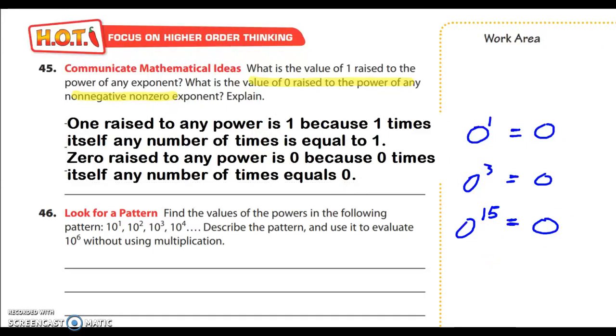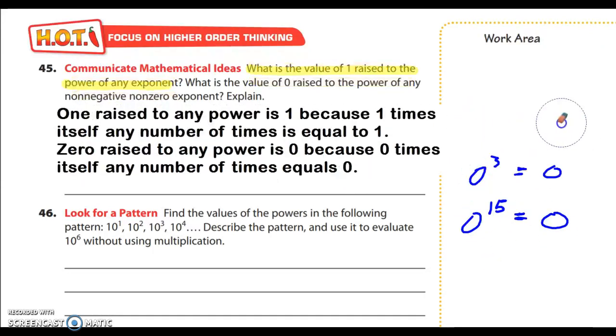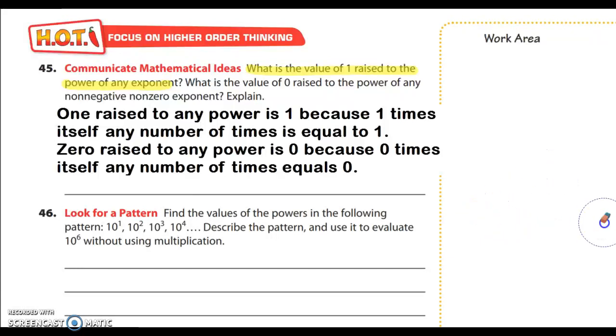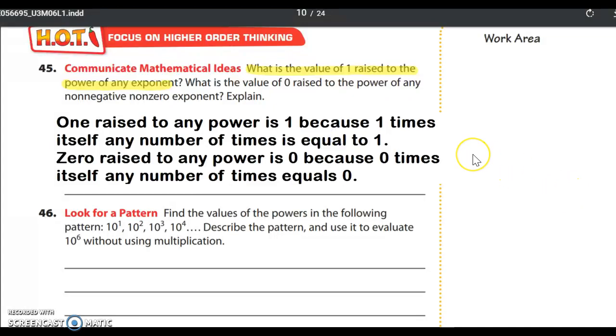All right. So when 1 is the base, the total product will be 1, and when 0 is the base, the total product will be 0. All right, let's move on.